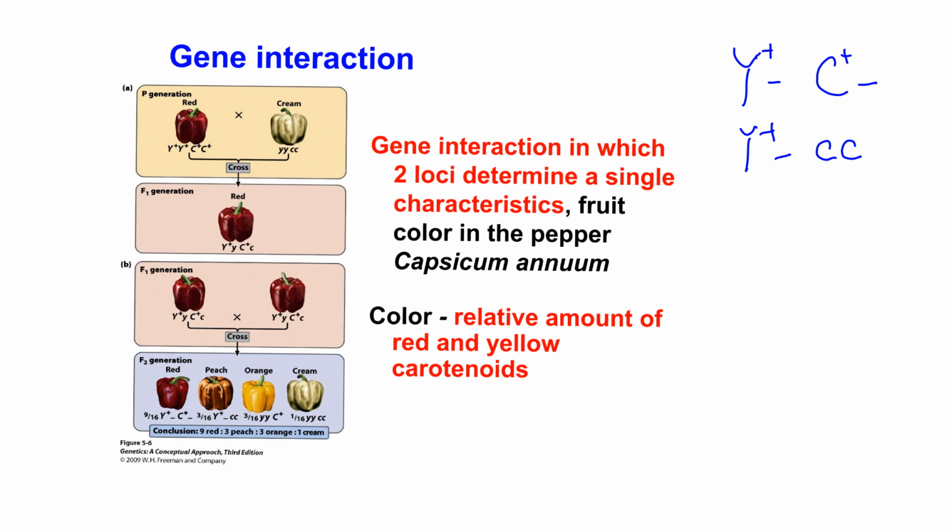If Y is homozygous recessive, and the C gene has at least one dominant allele, you will get orange color. However, if both are recessive, the color will be white. So this is an interaction of the accumulation of the carotenoids, synthesized in a complex pathway where different enzymes contribute to the final amount of each color.